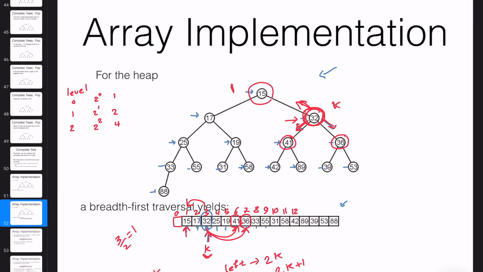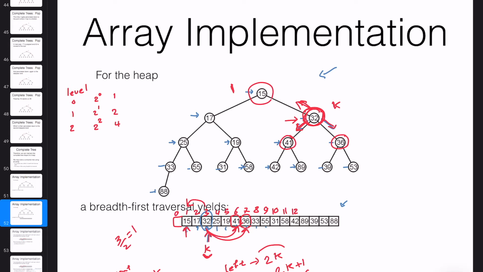And I have started storing them exactly at index 1. Now you see why, instead of storing them in the array starting from index 0, I store them at index 1: to get these nice formulas, k divided by 2 for the parent, and 2k and 2k plus 1 for the left and right children.